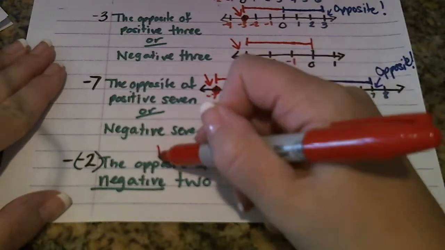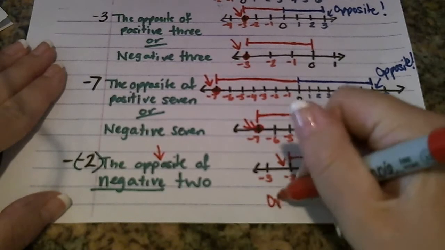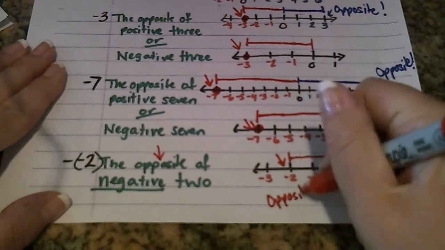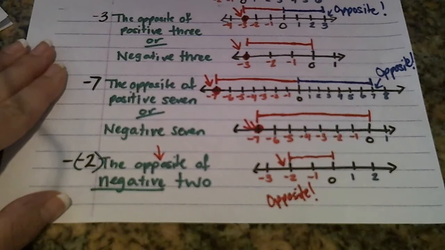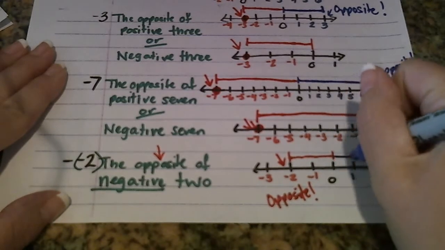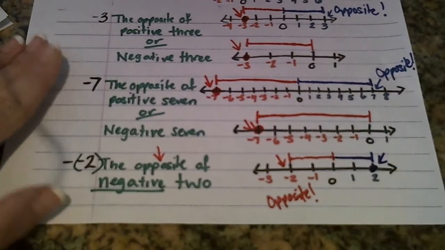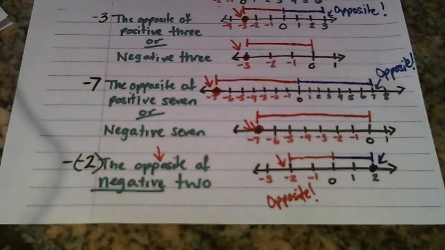However, in my description, I don't want negative 2. I want the opposite of what I just did. So instead of moving 2 spaces to the left, I'm going to do the exact opposite and move 2 spaces to the right. So the opposite of a negative 2 is in fact a positive 2. And this is how you would represent that positive 2 on a number line.